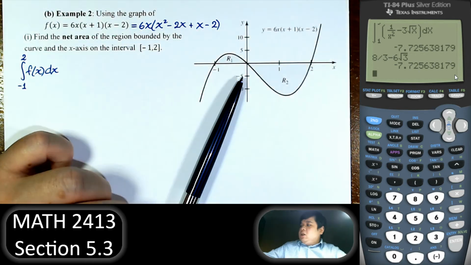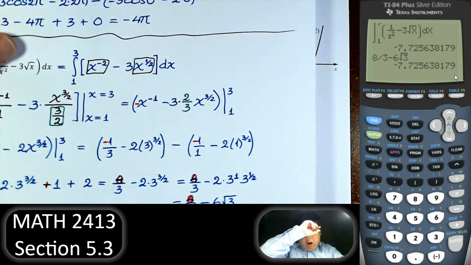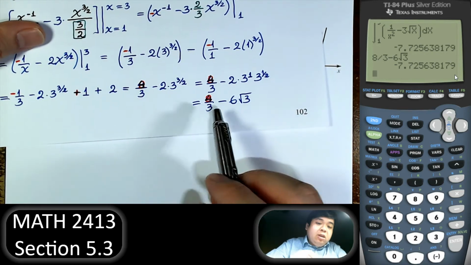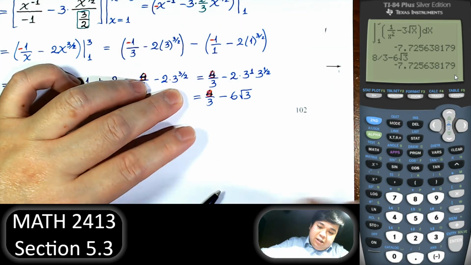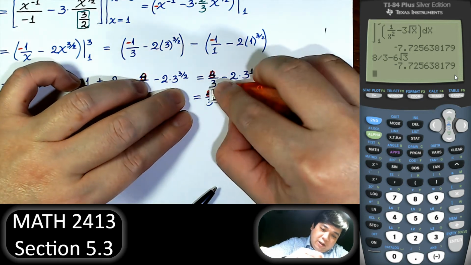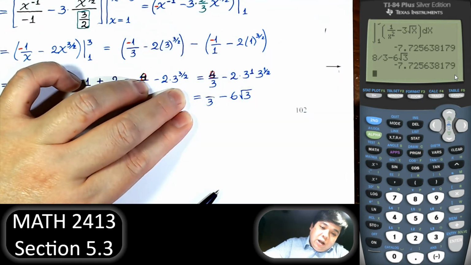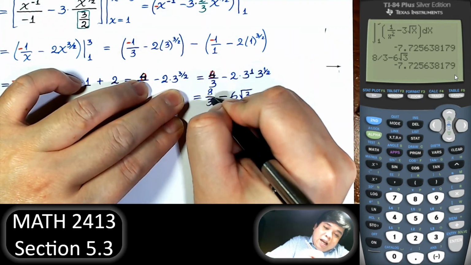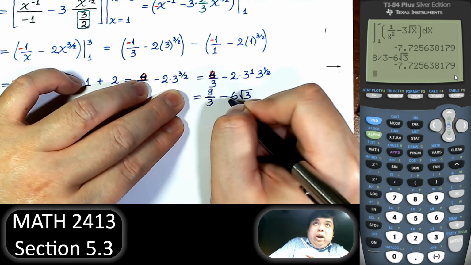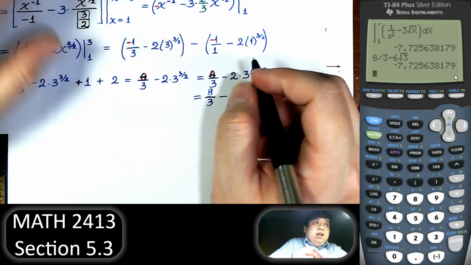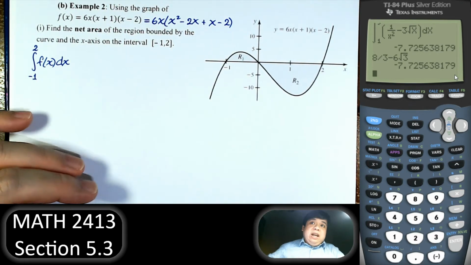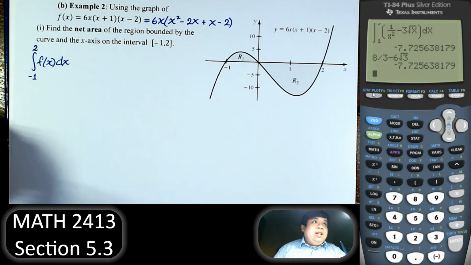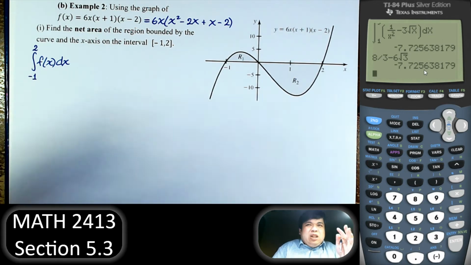Right. Just one more thing I forgot to say on the last problem. This answer, we get the answer by hand. The calculator can only give us the decimal answer, but the calculator can help us check to see if actually our answer is good or not. I mean, it is close.